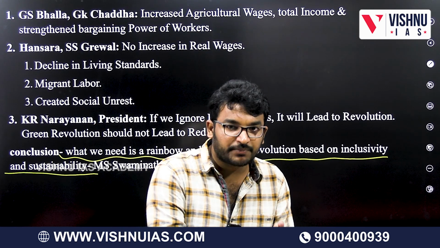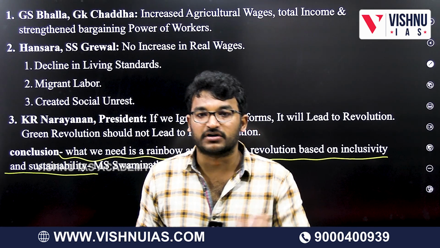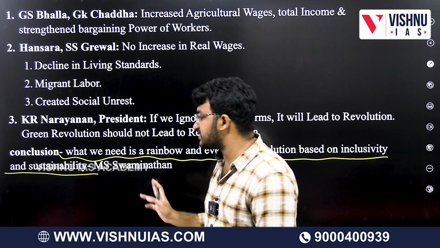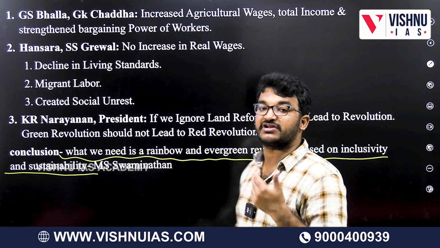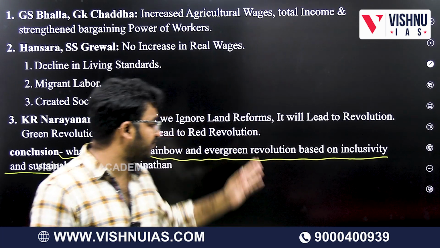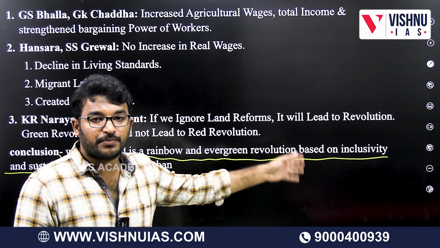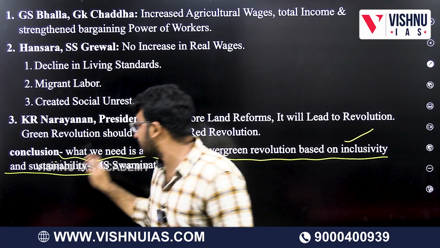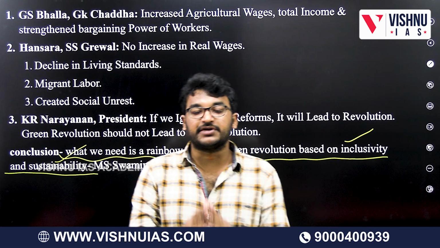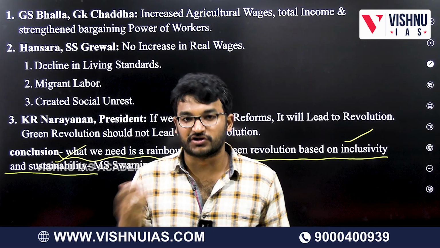Poor and marginal farmers didn't benefit a lot. Now MS Swaminathan is suggesting green revolution 2.0, which he calls rainbow and evergreen revolution. The major focus here will be inclusiveness, because poor and marginal farmers will also get benefit, and also sustainability, because the environment shouldn't be damaged with the implementation of any sort of reform.